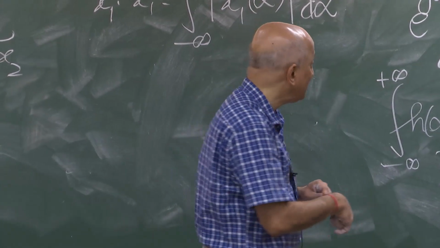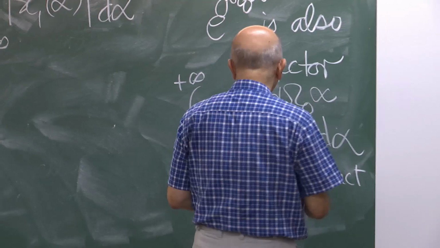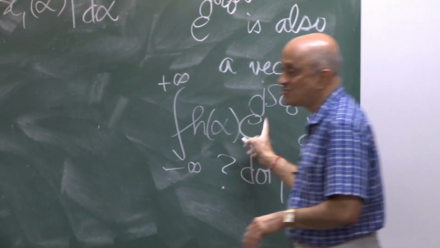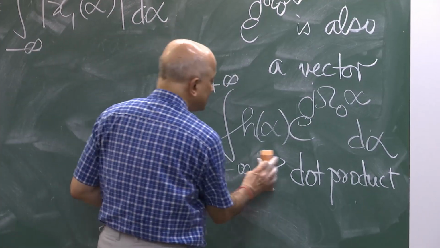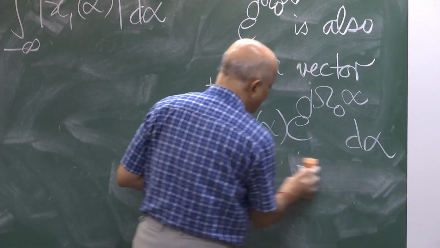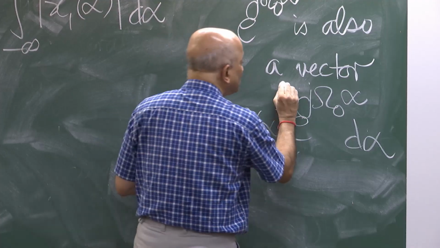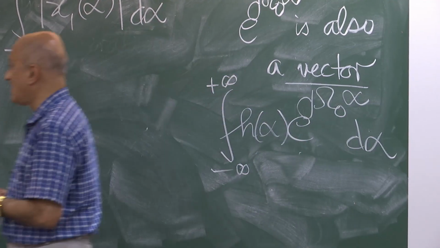So, now we have a beautiful interpretation for this. Now, the first thing is this dot product needs to be changed, isn't it? So, if I want to take the dot product of the impulse response with e raised to the power j omega naught alpha, I need to complex conjugate this argument.